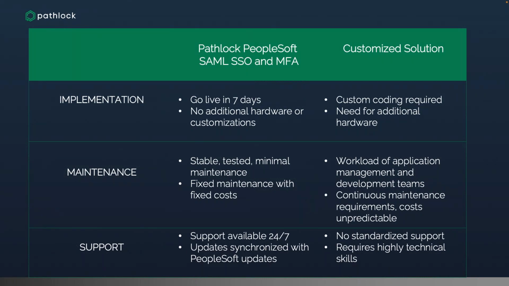That's the thing about proxies or gateways or flow-throughs, is you're always having to implement additional hardware, so there's additional cost to maintain that as well. This allows you to communicate directly from the existing PeopleSoft web server to your identity provider or to your multi-factor authentication provider. And you also have support 24/7. And our updates are synchronized with the PeopleSoft system.